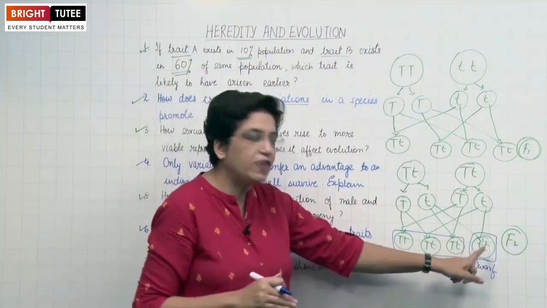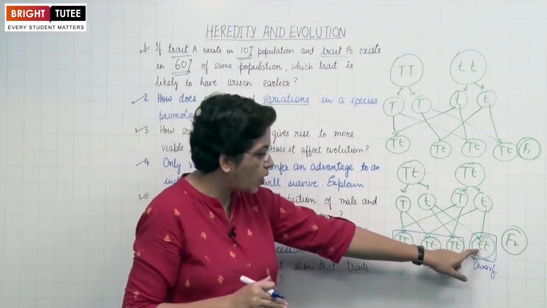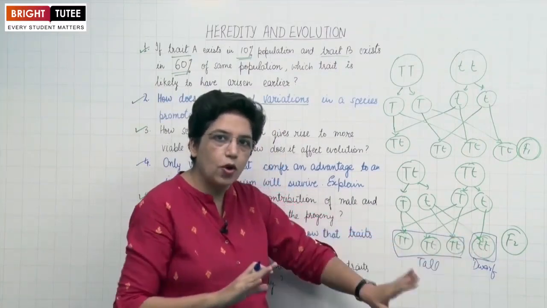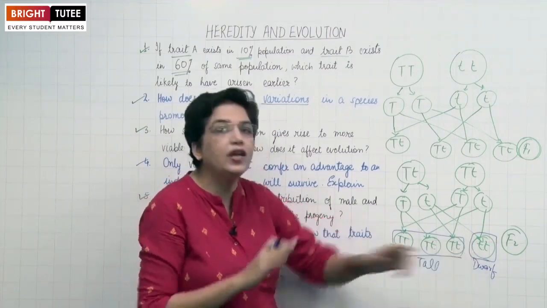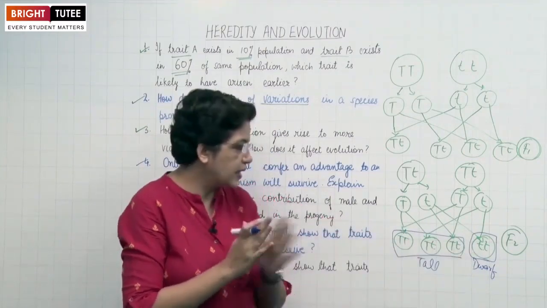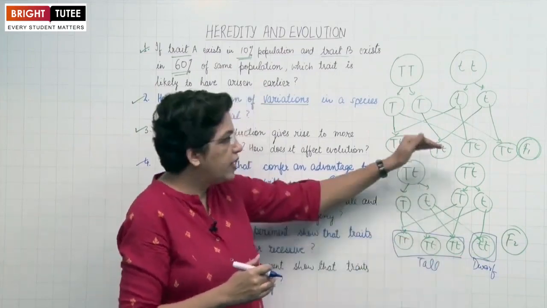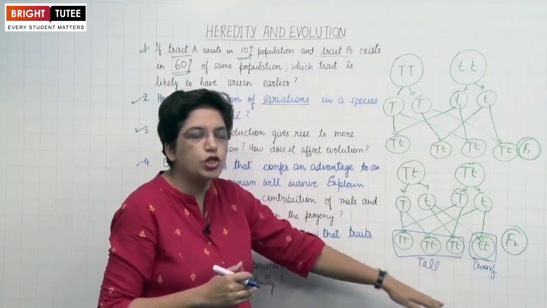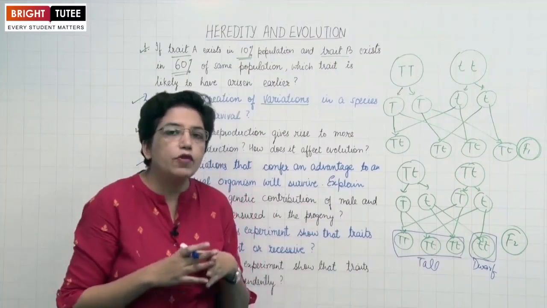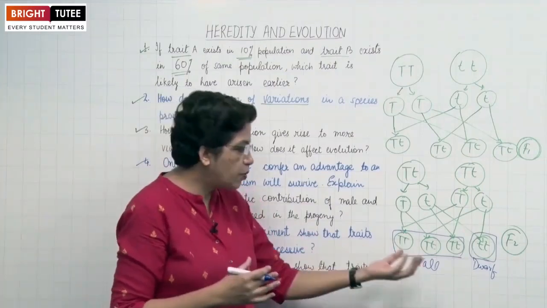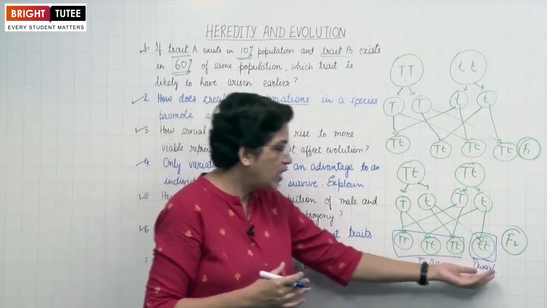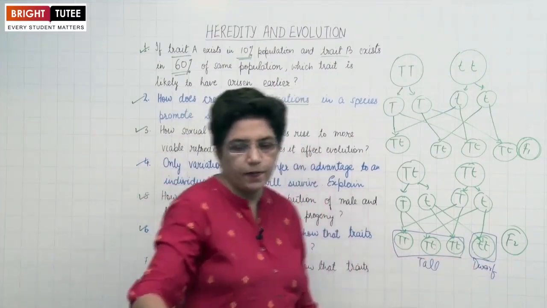But in the dwarf plant, the small t is able to express itself because capital T is not present in the cell, only two small t's. I hope it is clear to you. So by performing the monohybrid cross for F1 and F2 generations, Mendel was able to show that some of the genes are dominant while others are recessive.